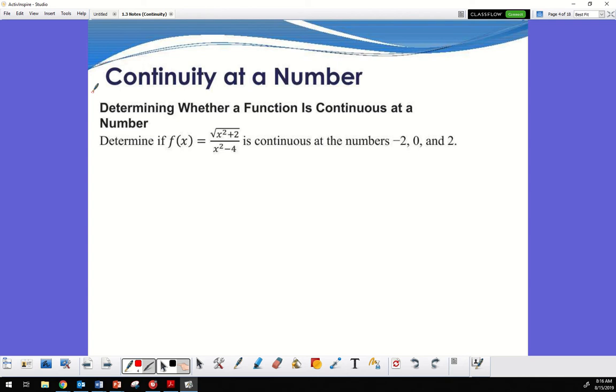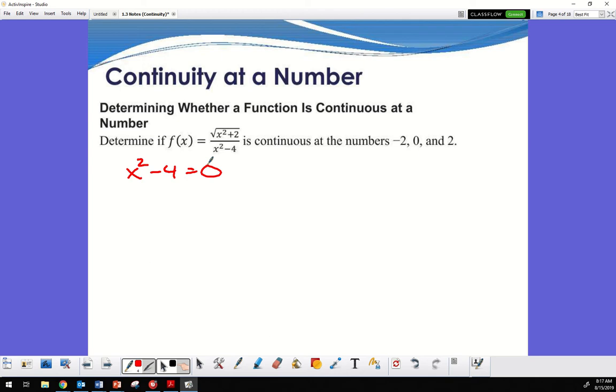Easy test for domain restrictions: I cannot have 0 in the denominator. So take whatever you have in the denominator and set it equal to 0. I'm going to say x squared minus 4 equals 0. This is going to give me my domain restriction.